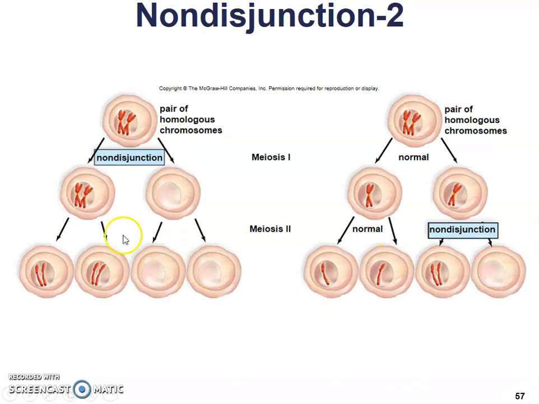If this happens in meiosis 1, when meiosis 2 occurs, we get 2 chromatids in 2 cells and no chromatids in the other ones. If non-disjunction happens in meiosis 2, we get 2 cells that have the normal amount of genetic information, and 1 cell that has double the amount, and 1 cell that has none.